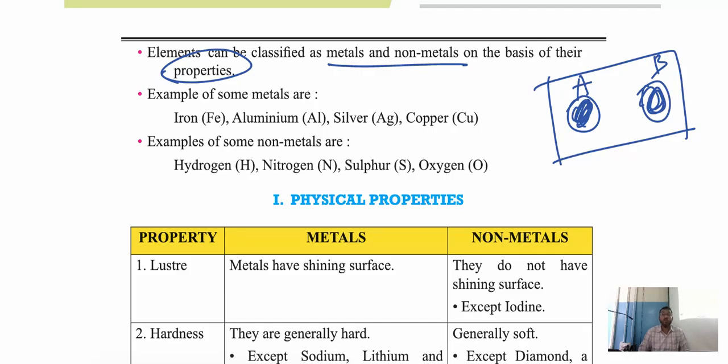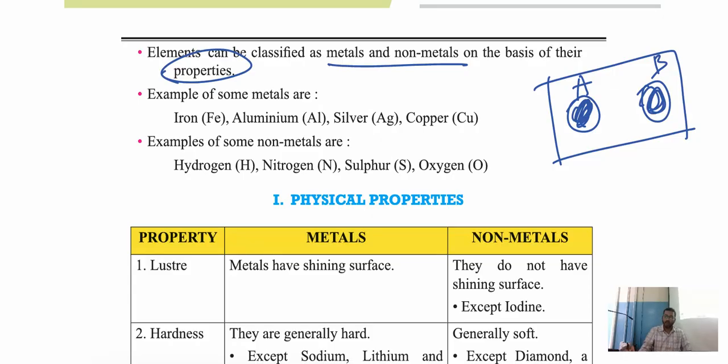Understood? So this was very helpful when they were framing the periodic table. So many abundant elements they found, and they had to decide which element to keep in which position, which should come first, which should come next. There was much confusion during that time. So this concept was helpful for them to locate the elements in the periodic table.